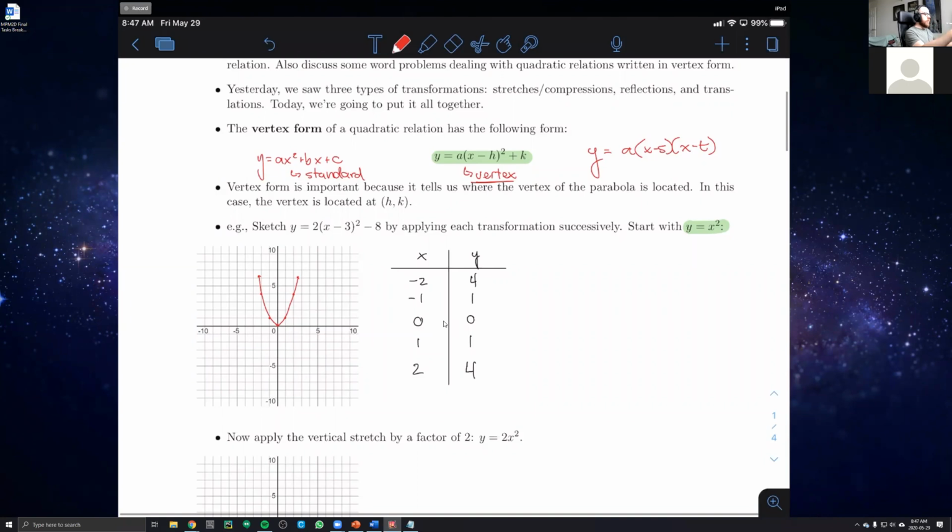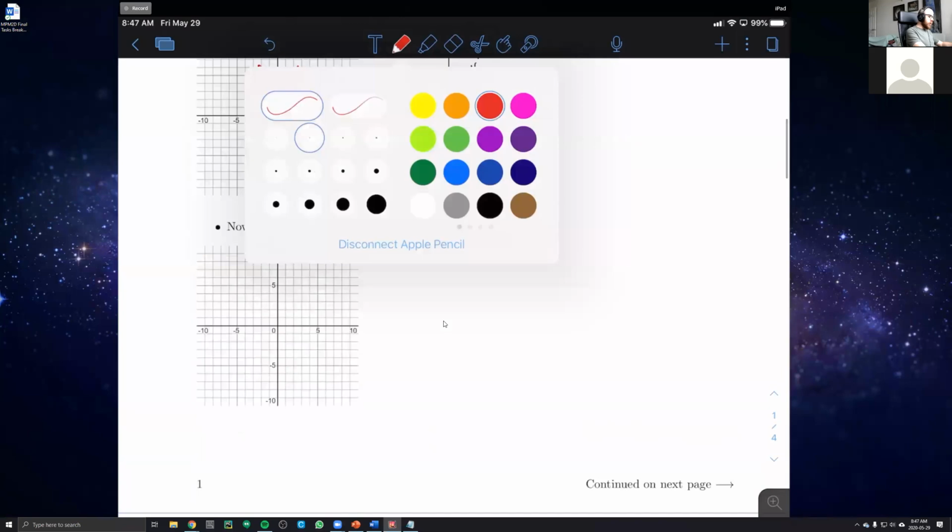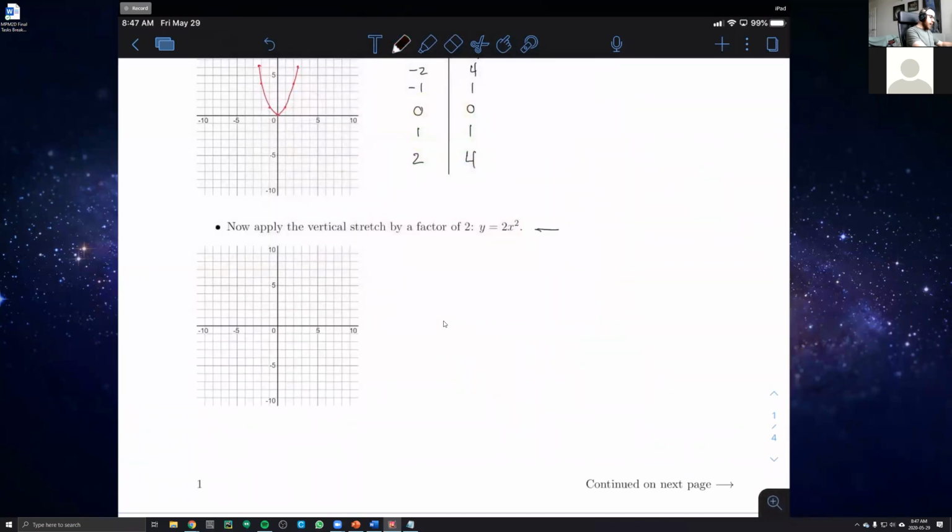Now, I'm going to apply my vertical stretch. Now, one thing to keep in mind when you are doing these transformations is that it is important that you always apply vertical stretches, compressions, and reflections first, before translations.